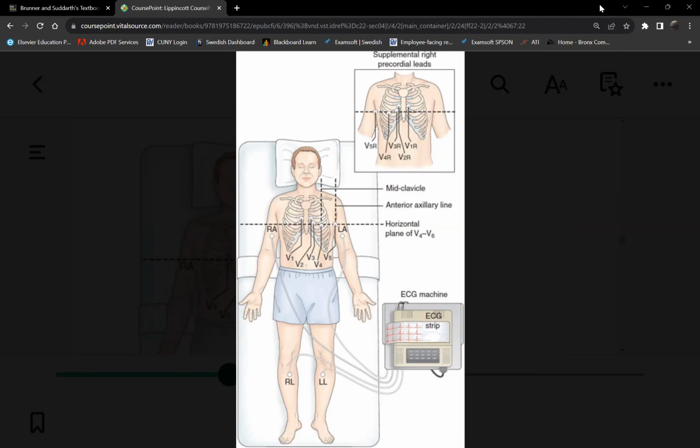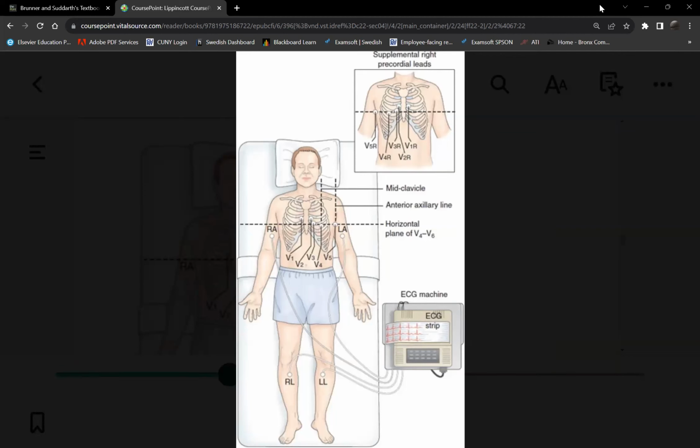The 6 chest leads: V1 is placed on the right sternal border, second intercostal space, and V2 on the left sternal border. V3 follows right below V2, still at the left sternal border. Then V4 follows at the mid-clavicular line, V5 right next to it, and V6, not shown here, will be in the mid-axillary line, about the fifth intercostal space. So that's the placement of the 6 leads.